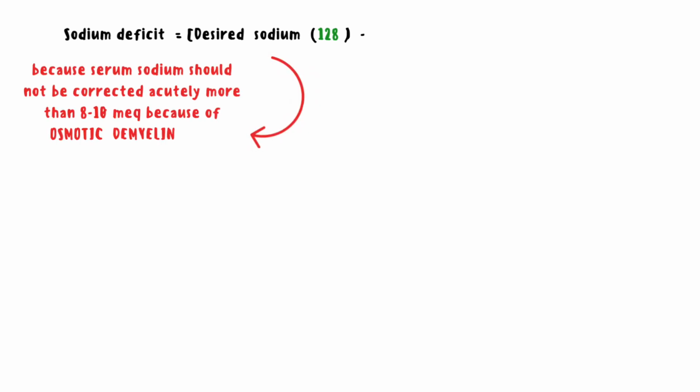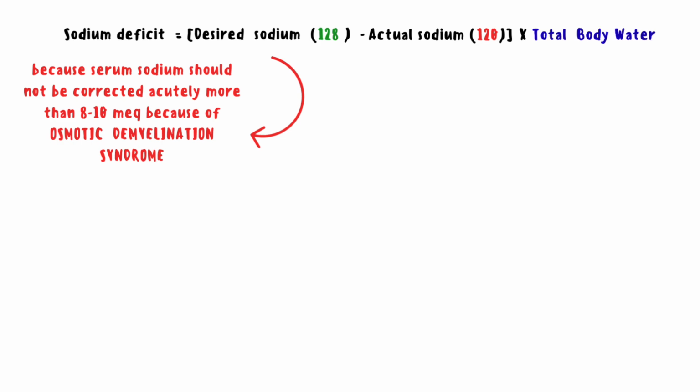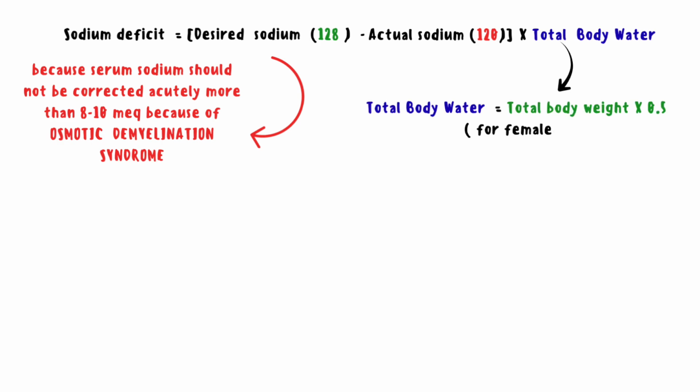hours. Sodium deficit equals desired sodium, which is 128, because we will not raise the serum sodium very acutely because of osmotic demyelination syndrome, minus the actual sodium, which is 120 milliequivalents per liter, times total body water. As we know, total body water equals total body weight times 0.5 for females, so here 60 times 0.5.